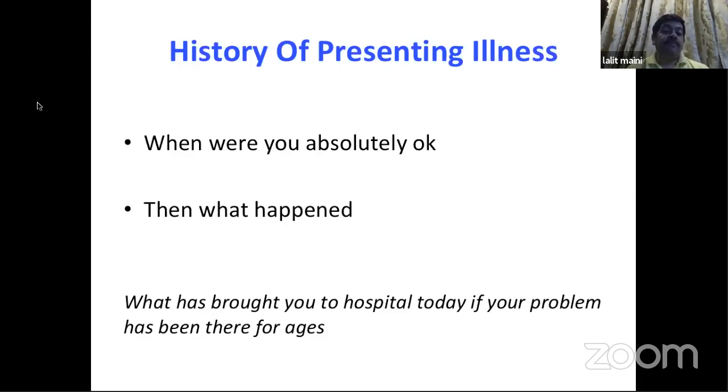But there would be some patients who would come out with a history, I have been ill for the whole of my life. So you need to be juggling around with these patients, and maybe at times you need to ask them what has brought you to the hospital today if your problem has been there for ages. So you have to modify your questioning at times, which have to be straightforward, or at times you have to encourage the patient to speak out.